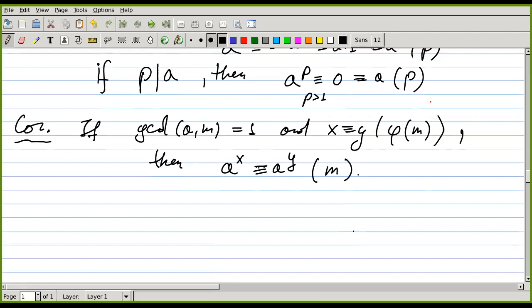So in order to get a congruence modulo M for the powers, it is enough to get a congruence for the exponents modulo phi of M. Is this idea clear?